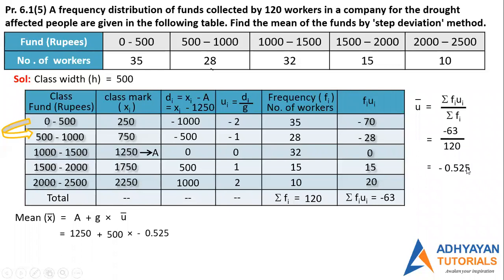Now, students, calculating further, 1250 as it is. Plus into minus will give us minus. Now multiplying 500 into 0.525. Just ignore the decimal. Multiply 500 into 525, it will be 262500.